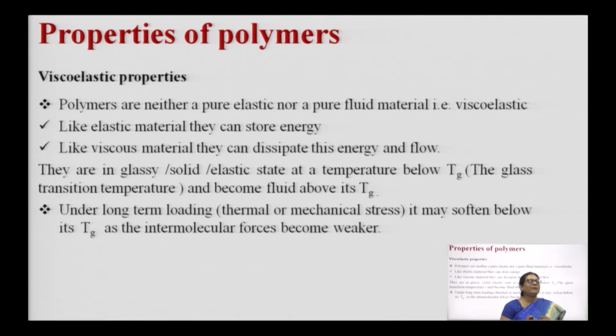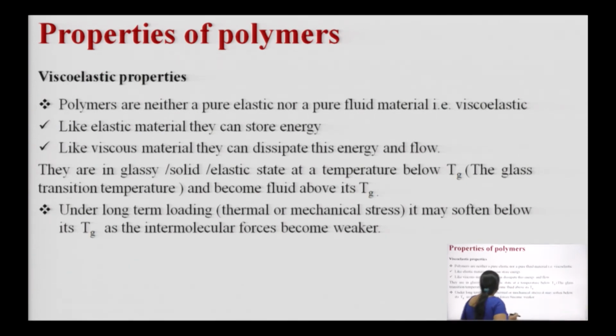Now, when this applied stress is removed, in case of rubber, the rubber will retract back to its normal position. But in viscoelastic materials like our polymers, the material starts to flow. It dissipates energy and it starts flowing, and this particular property is called the viscoelastic property.